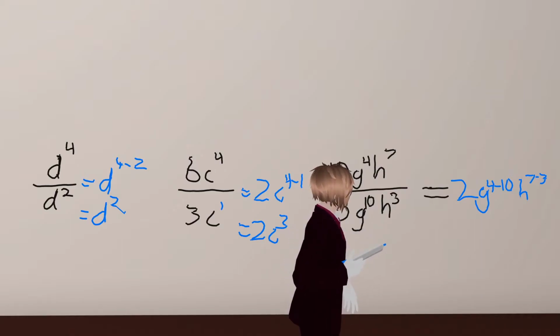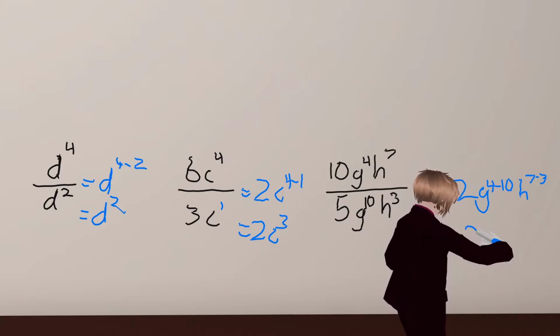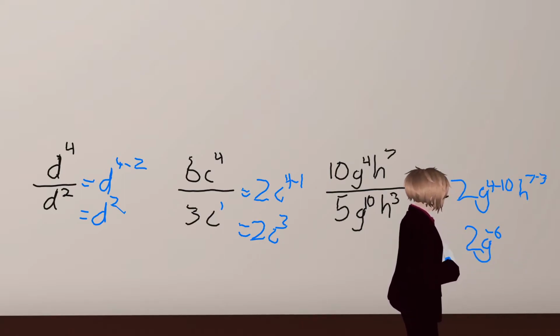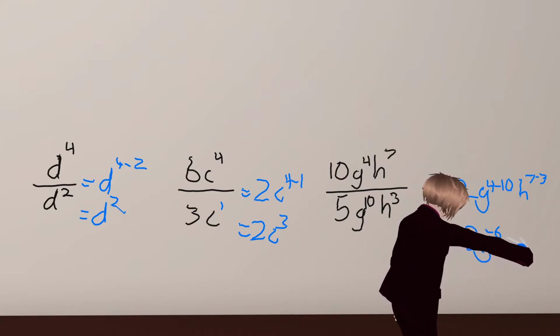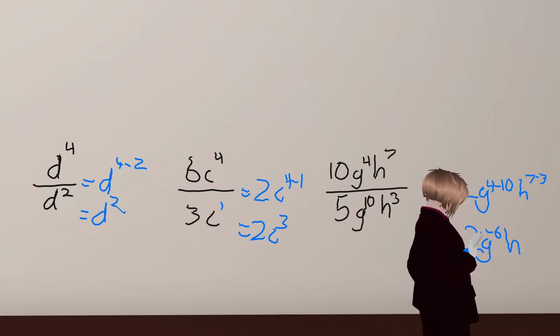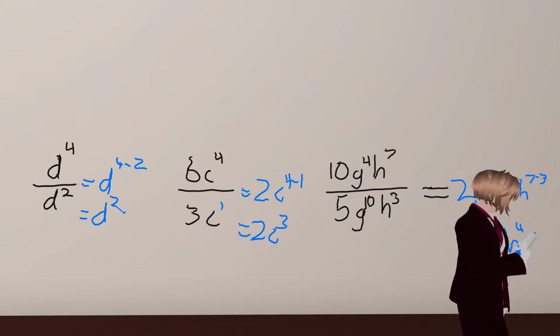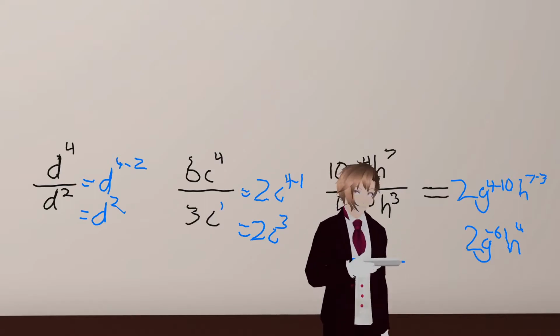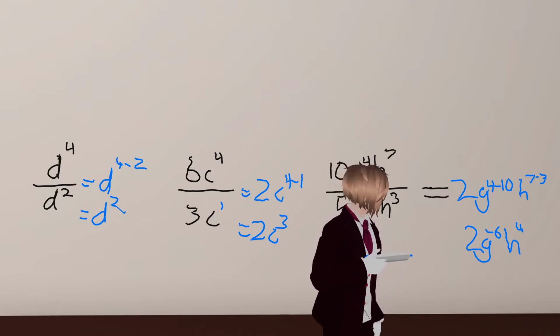So let's now simplify and evaluate. So we have 2g to the power of negative 6, and then we have h to the power of 7 take away 3, which is 4. So this is one way we could leave it.